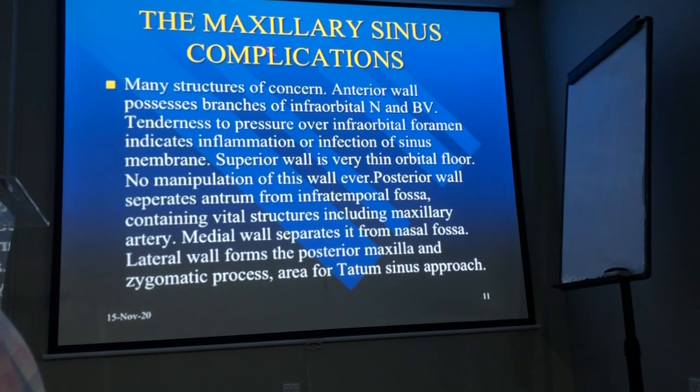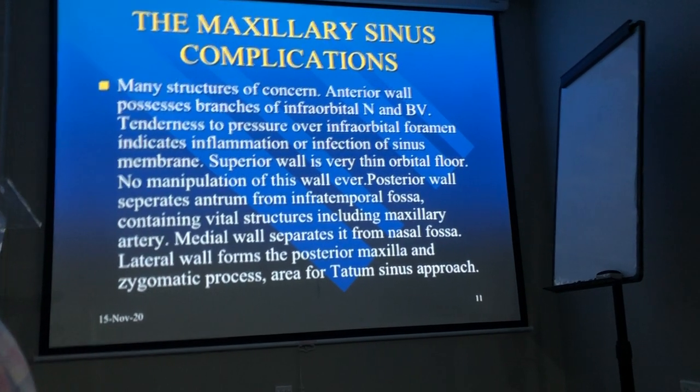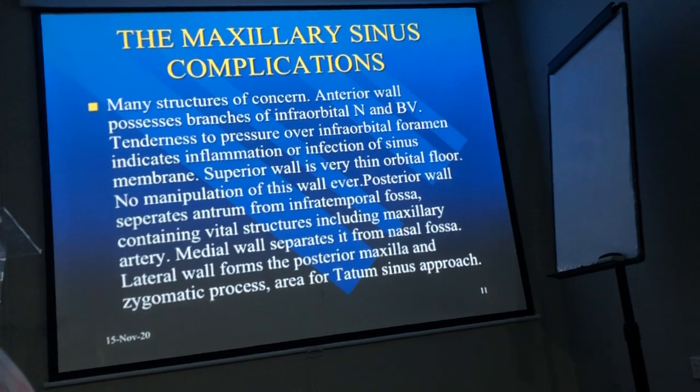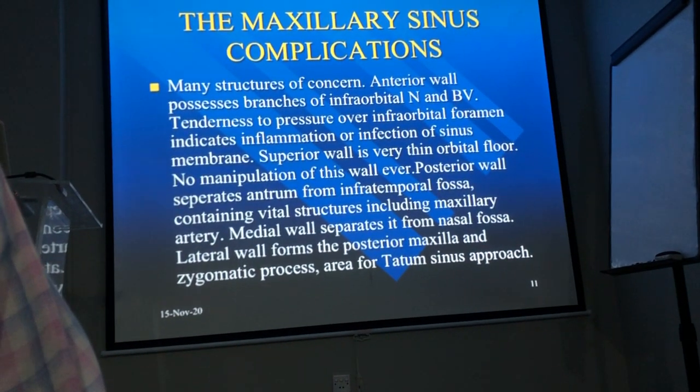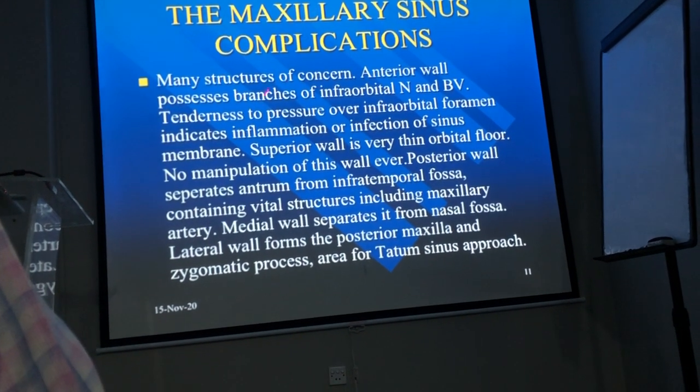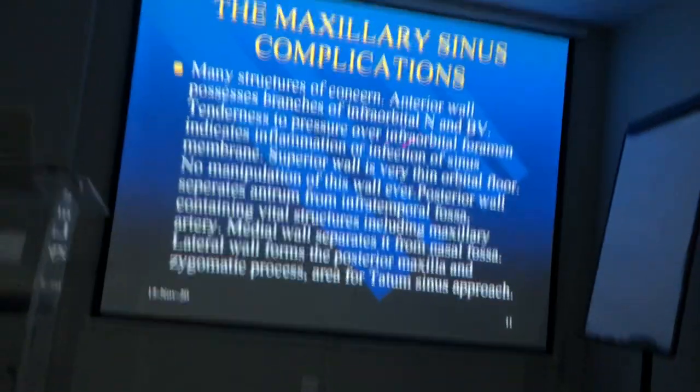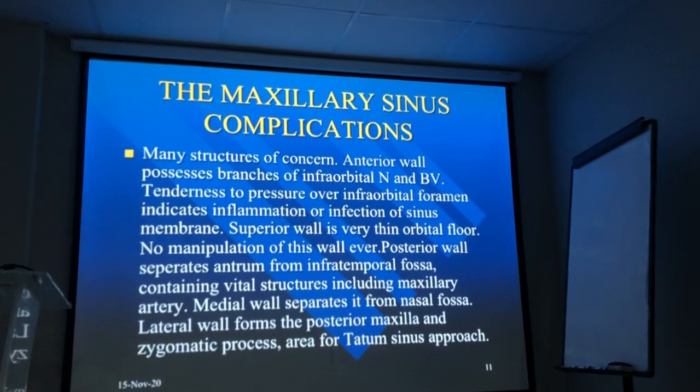Now, a little quick talk about what happens within the sinus and where they are connected. The anterior wall has the infraorbital nerve and the blood vessels.